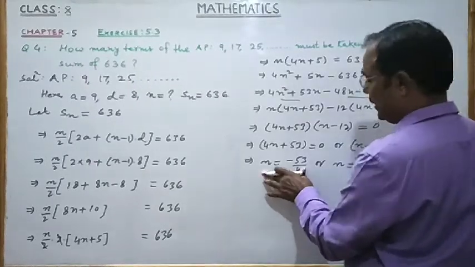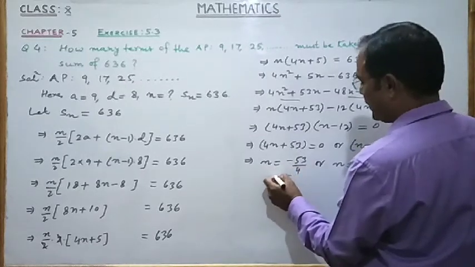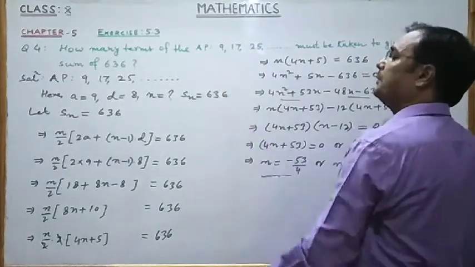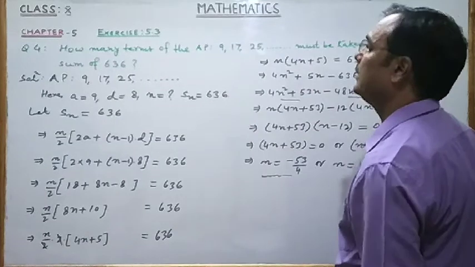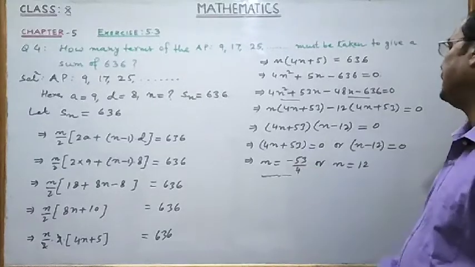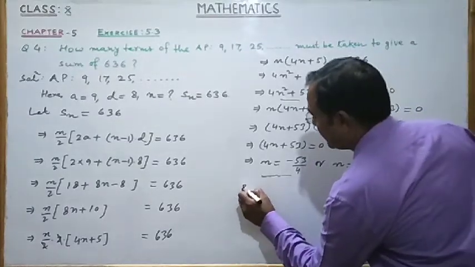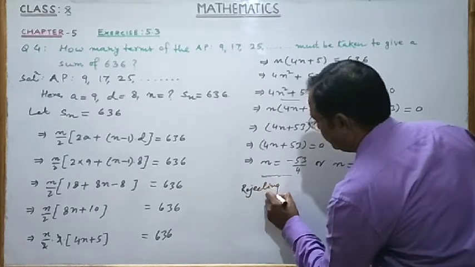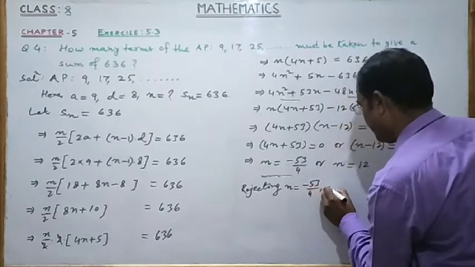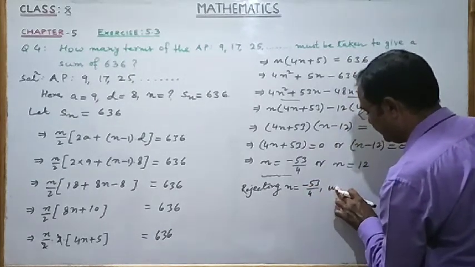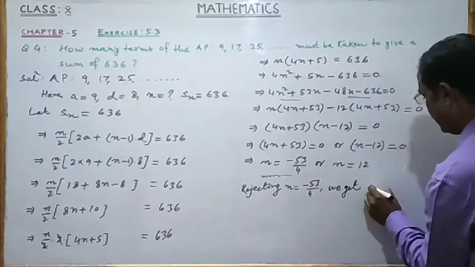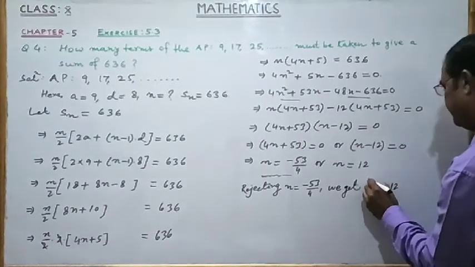Now we have to reject this negative value of n because n cannot be negative, as n is number of terms in the arithmetic progression that represents the position of different terms in the progression, so it cannot be negative. So rejecting n equal to minus 53 by 4, we get n equal to 12.